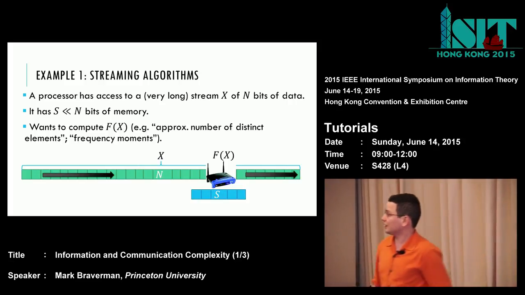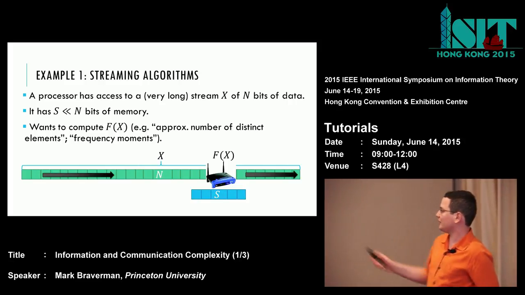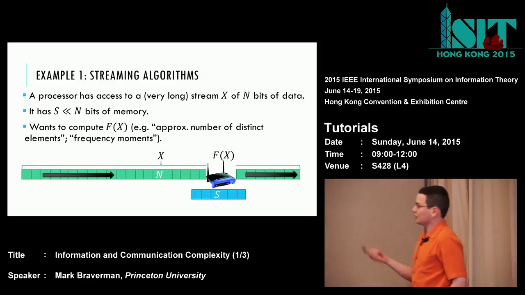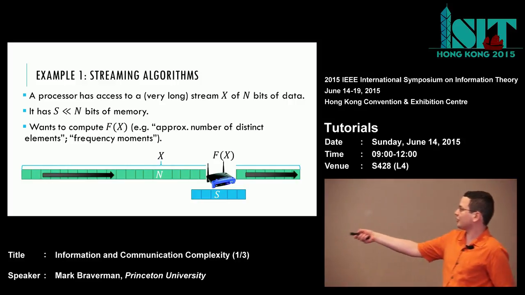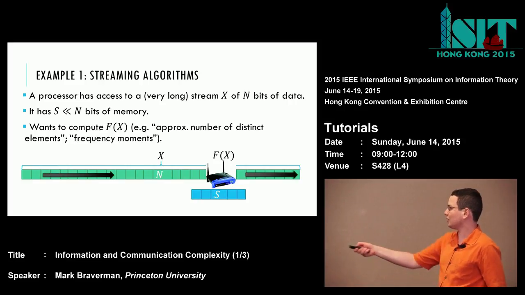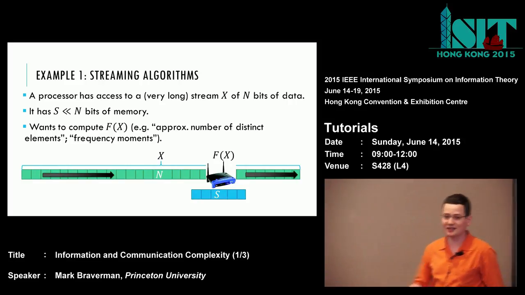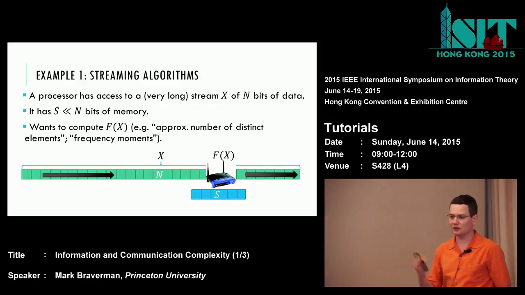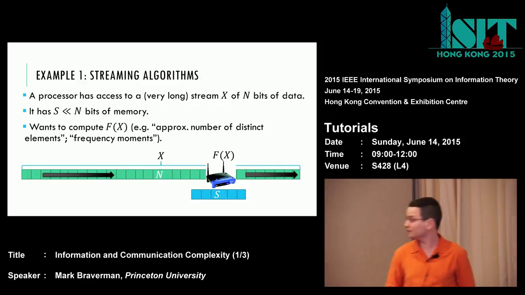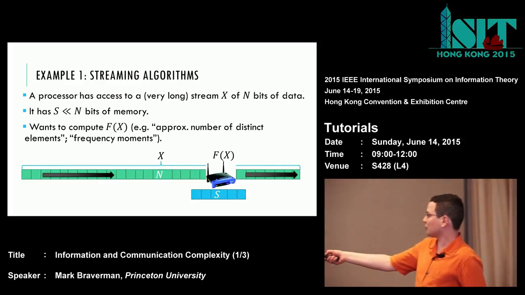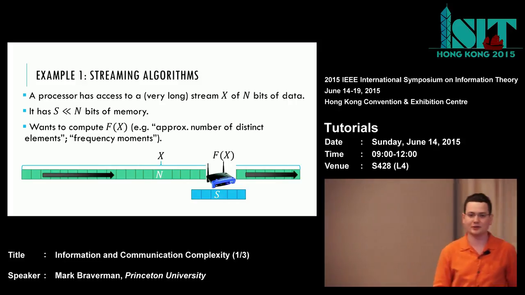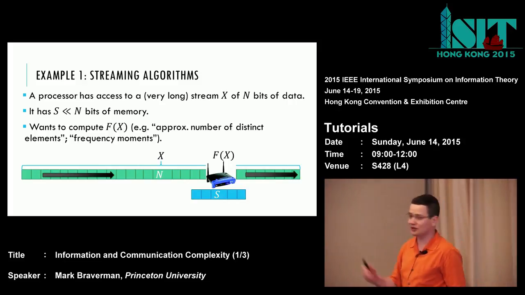So in the case of streaming algorithms, we have say a router here. So it's a processor that has access to a very long stream of data. So X is the input, but X has n bits of data, and n is way bigger than what you can store on your processor. So in your processor, you only have S, which is much less than n bits of memory. A router is actually a good example.